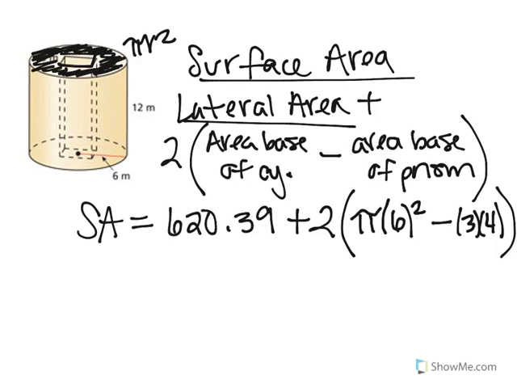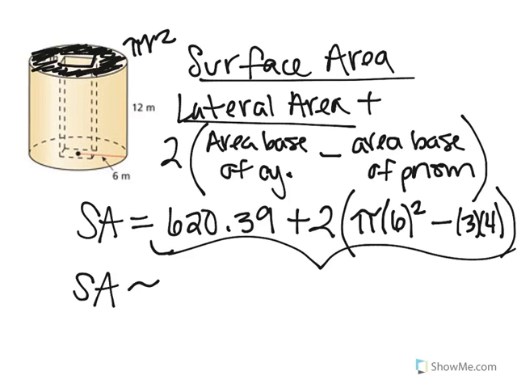If you plug this all into your calculator just how you see it, our surface area is going to be about 822.58 meters squared.